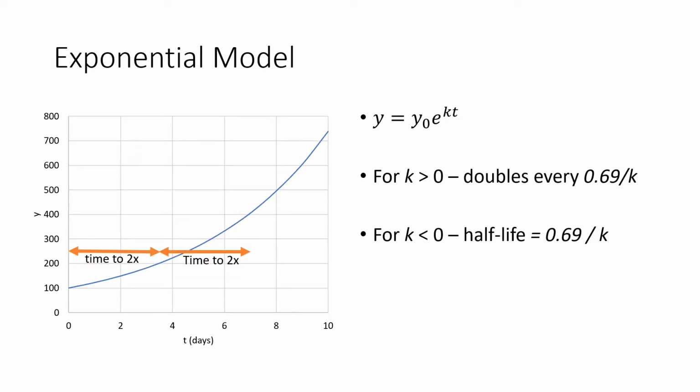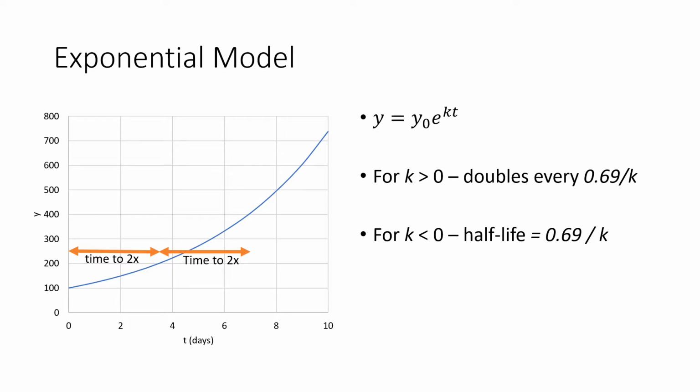All right, so we're also going to look at the time to double for the exponential model. In other words, what is the elapsed time that it takes for a parameter y to double? That is directly related to the value of k. If we start at time 0, we have a y of 100.